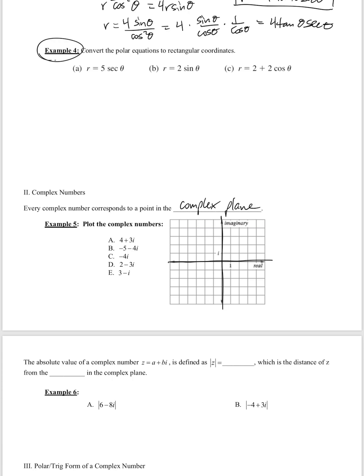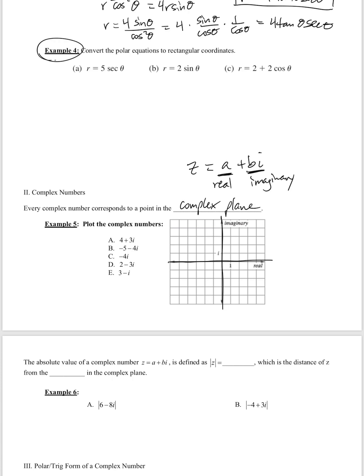So if you need a quick refresher, let's say I have a complex number. We'll call it z. And that's always in the form of a plus b times i. So a and b are real numbers. But a here is the real part of this number, and then b times i is the imaginary part. It's because it has the imaginary number with it, the i.